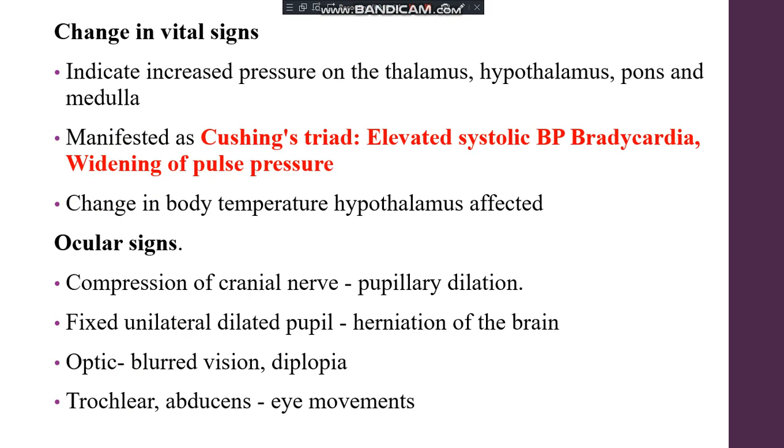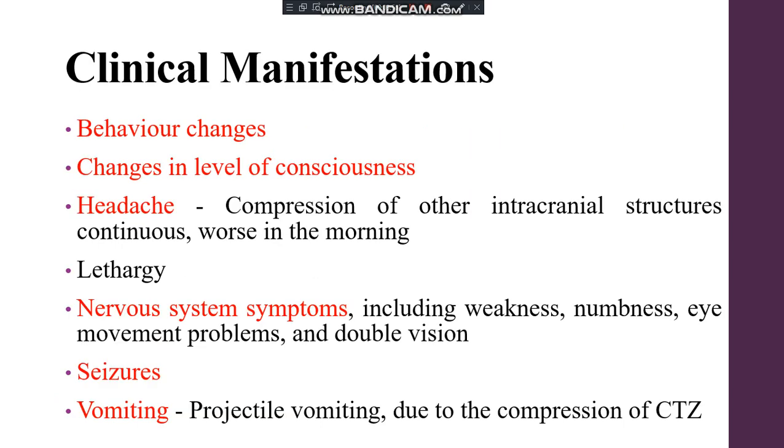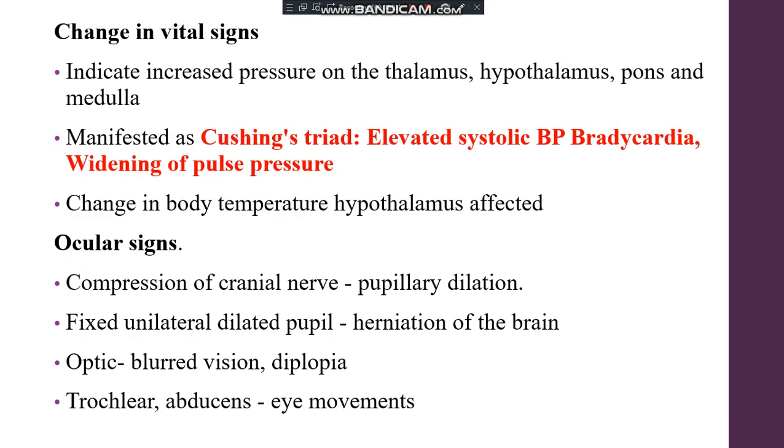In changes in vital signs, here it indicates increased pressure on the thalamus, hypothalamus, pons and medulla. As we explained with the CTZ and projectile vomiting, these areas like thalamus, hypothalamus, pons as well as medulla are also compressed due to this increased pressure.